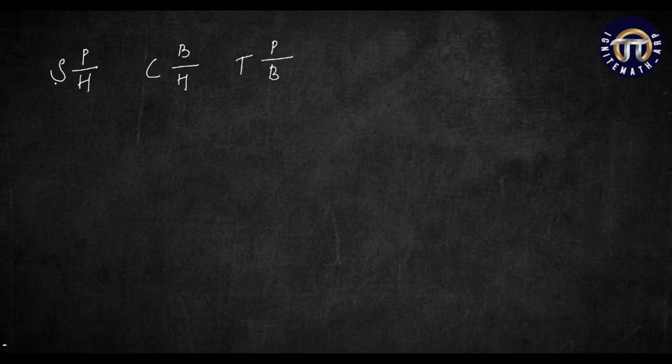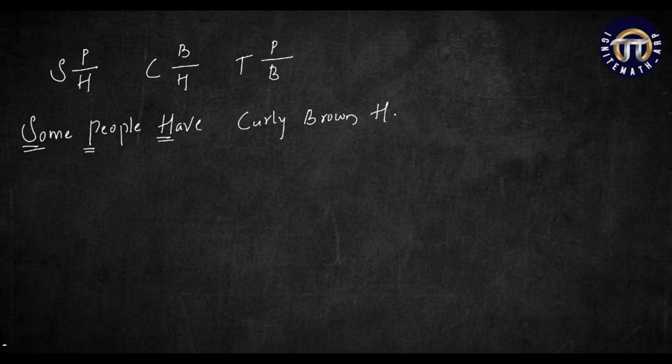So how can I remember this? SPH, CBH, TPB. SPH, you can remember it like: some people have. Sin is perpendicular by hypotenuse. Curly brown hair: cos is base by hypotenuse.